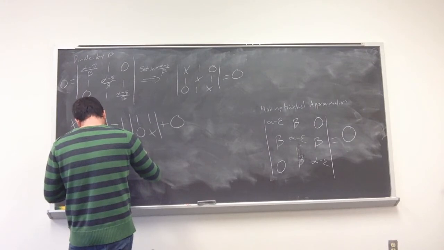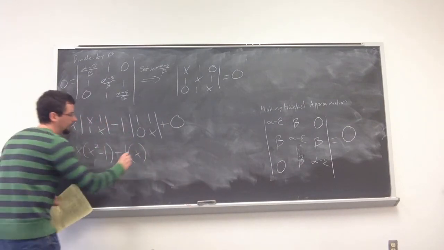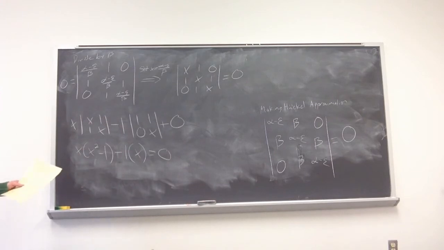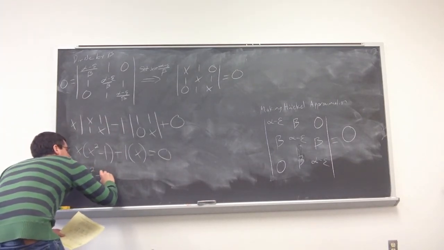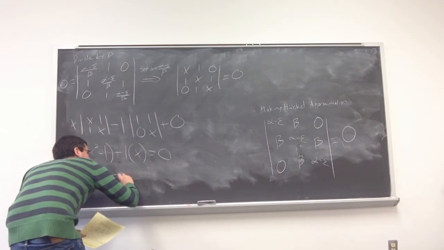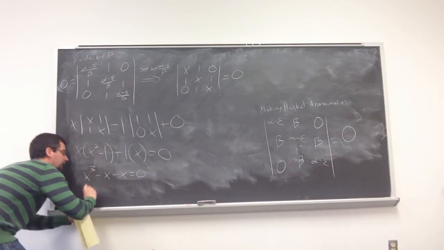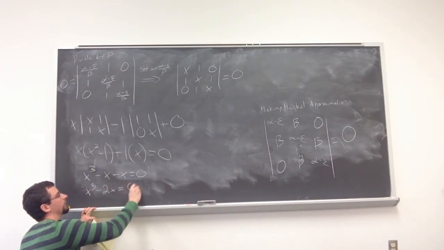That we end up with, I believe. Yes. x is all equal to 0. Multiply that through. We get x squared minus x is equal to 0. Oh, x cubed, I'm sorry. So we get x cubed minus 2x is equal to 0.